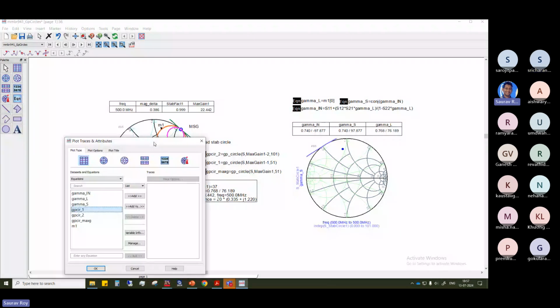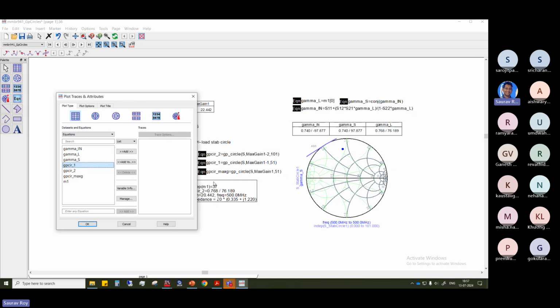So I am saying these equations you have to define here: GP_circle, maximum gain 1, 2. You have to write the same things. These are all defined in ADS, so you have to use their language. You can go maximum gain minus 1, maximum gain minus 2, up to whatever you want.